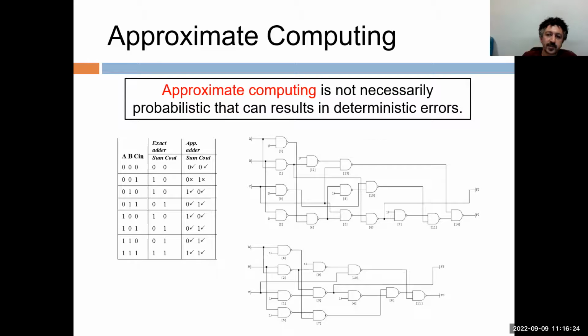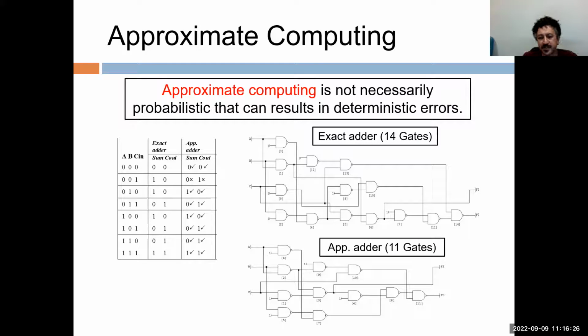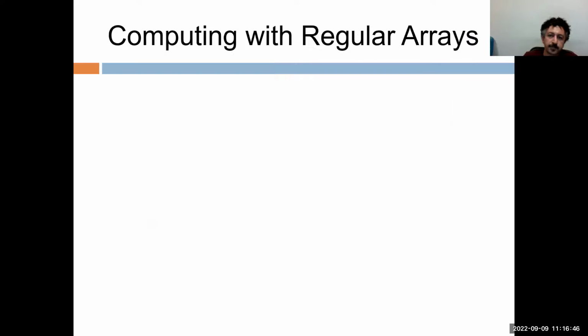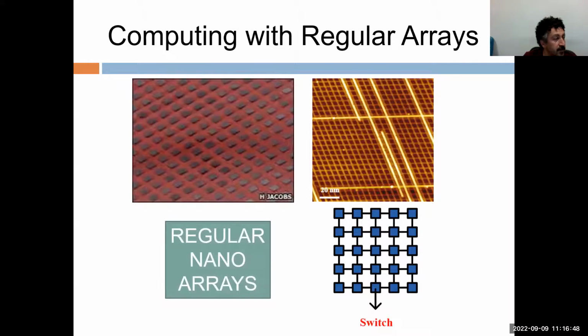We have done lots of research on this. This is one simple example. It's especially popular for the hardware part of neural networks, because neural networks are lots of adders, right? So if you do a good approximate adder, you can save lots of energy.